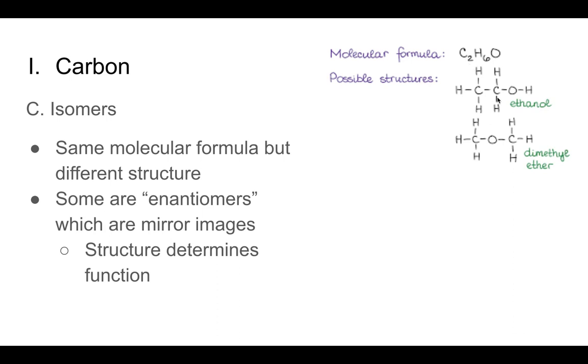So here, these are both molecular formulas C2H6O, but notice this configuration of C2H6O gives us ethanol, and this configuration of C2H6O gives us an ether. So isomers are molecules that, again, have the same molecular formula, but the atoms within the molecule are arranged differently, and so we see different structures.